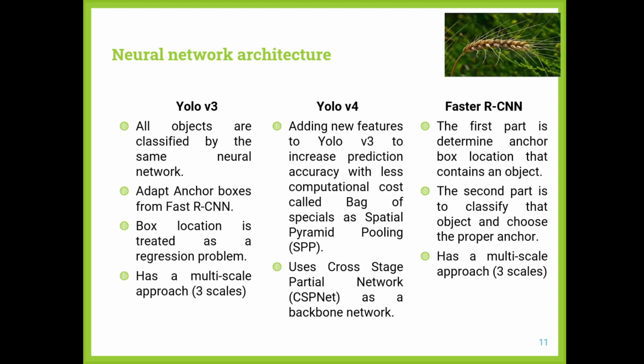But Faster RCNN uses an opposite approach: it first locates the object, locates the box position, and then does the classification. All the 3 architectures use a multi-scale approach to reduce the bias toward the box sizes in the training set. Also, they use anchor boxes, which were first introduced by Faster RCNN.